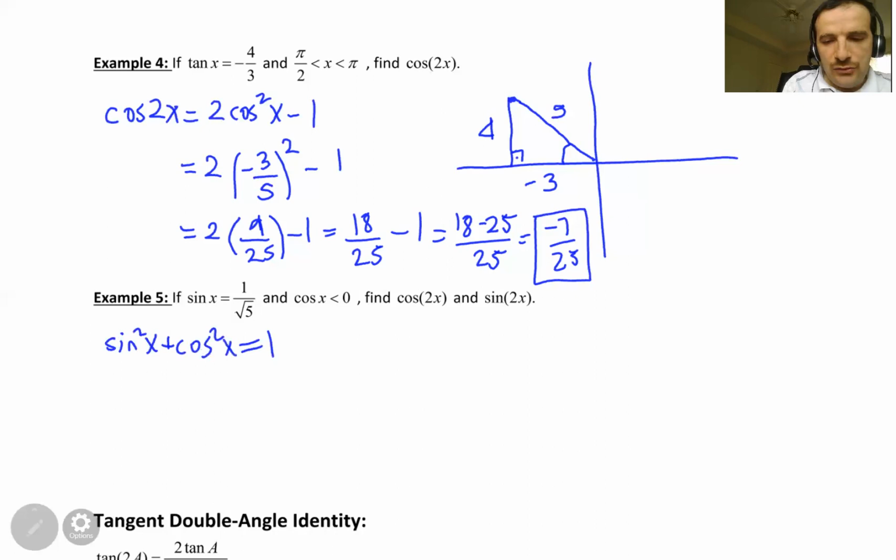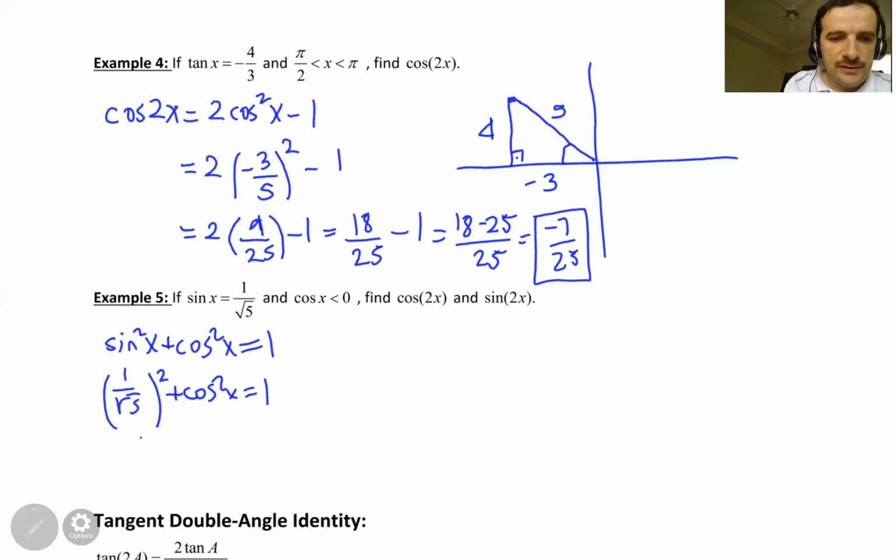I'm trying to find cosine x because I need it to find sine 2x. In the double angle formula for sine, we have 2 sine x cosine x. Sine x is 1 over root 5, so (1 over root 5) squared plus cosine squared x is 1.